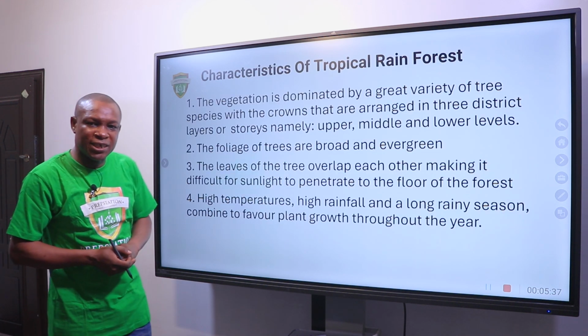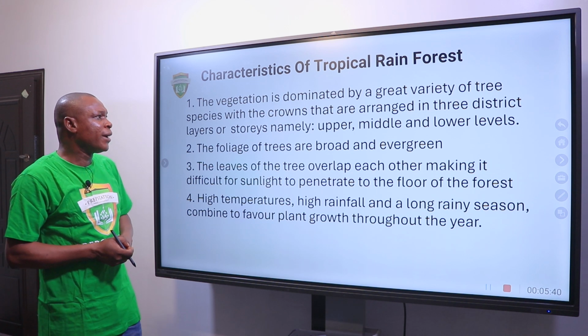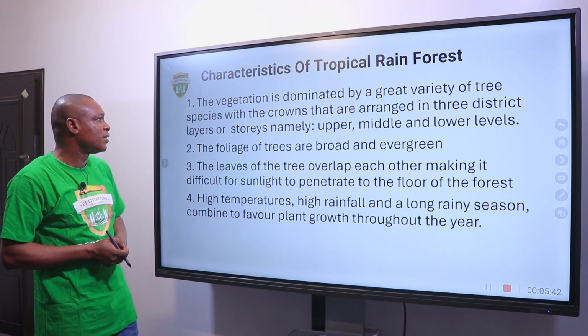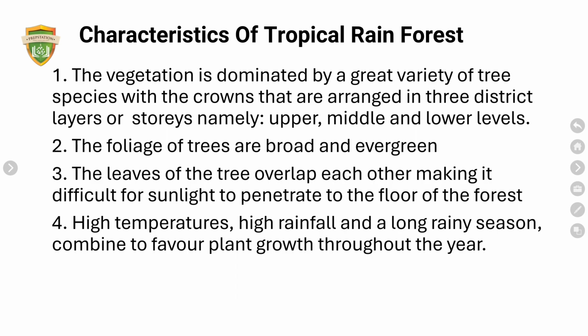The characteristics of the tropical rainforest. The vegetation is dominated by a great variety of trees. These trees exist in three layers. We have the upper layer, where the tallest trees are.